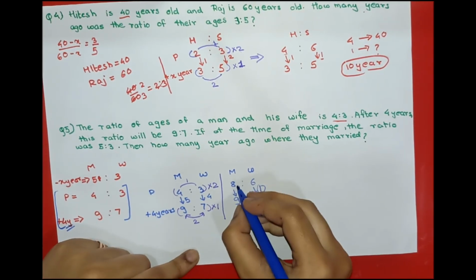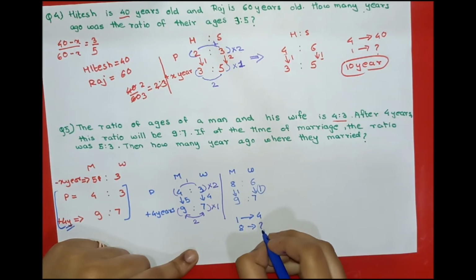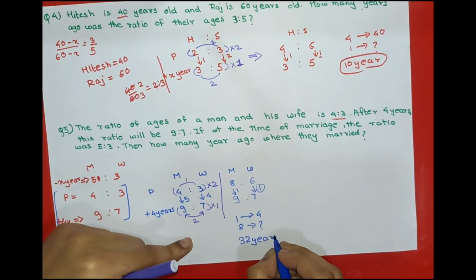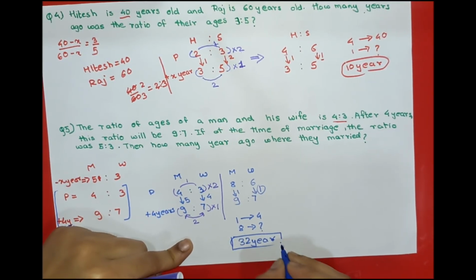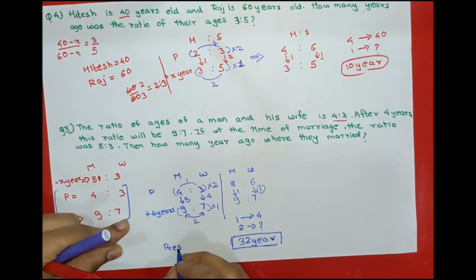So when the man's ratio age is 8, what is his actual age? If we multiply it, we get it as 32 years. This is the present age of the man.